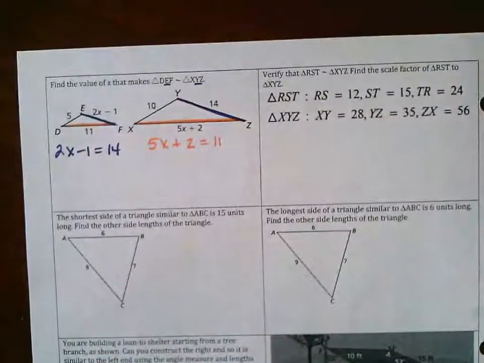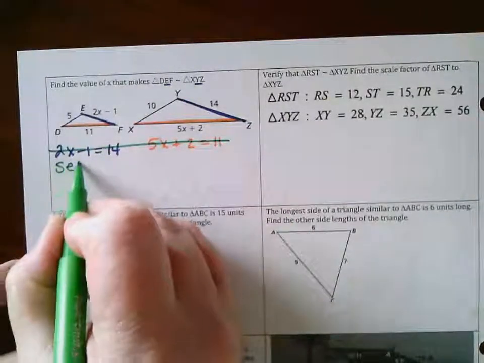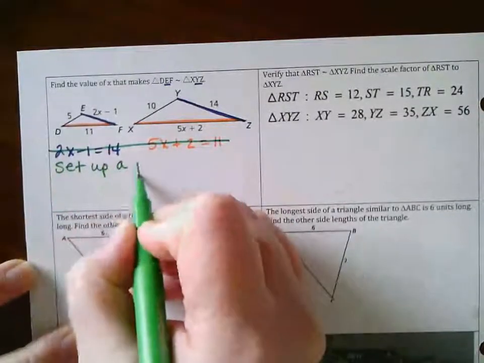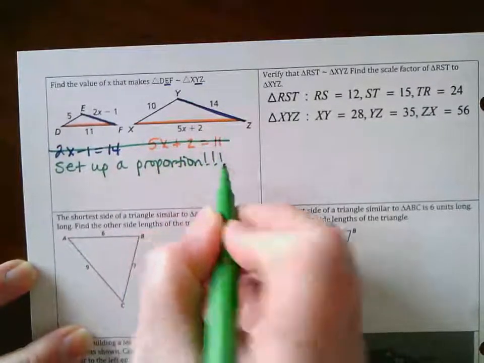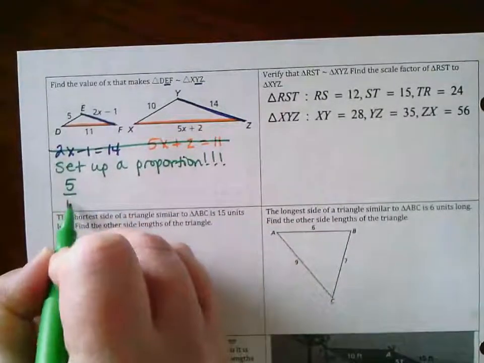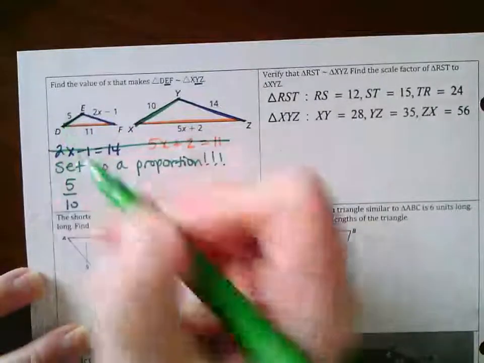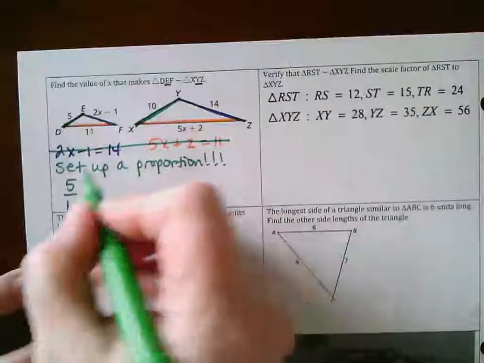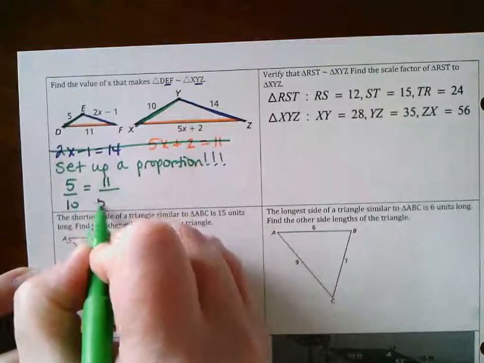So in the past, that's what we've done, but in similar triangles, you are going to set up a proportion and solve it that way. So you get 5 over 10, and if you're wondering where I got it, right here, is equal to 11 over 5x plus 2.